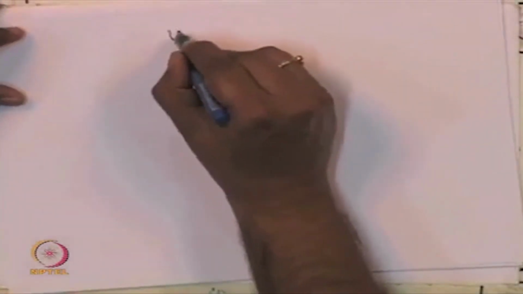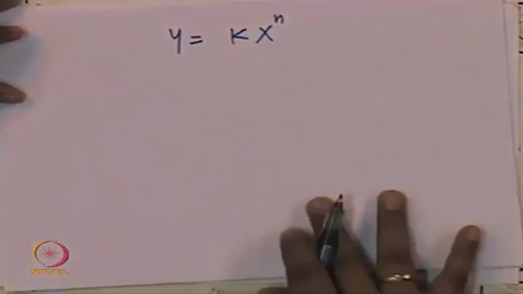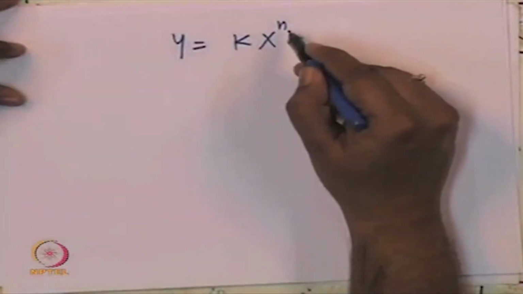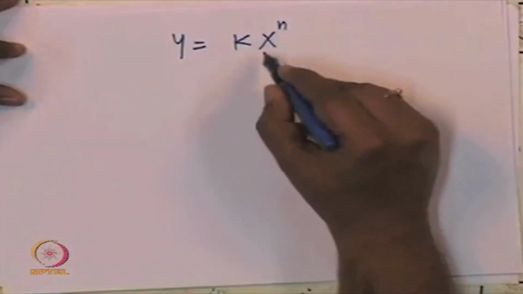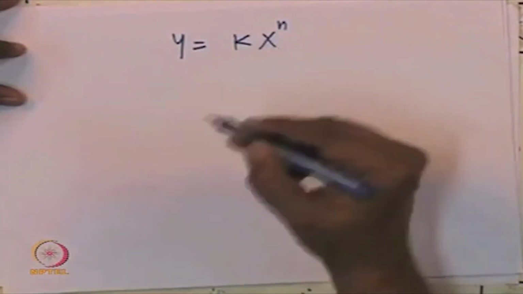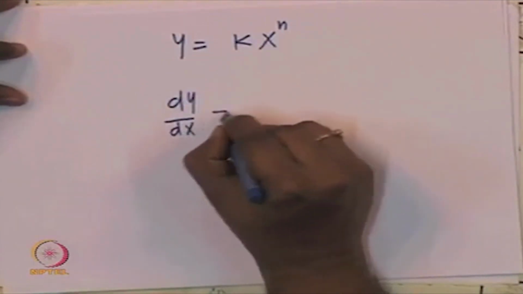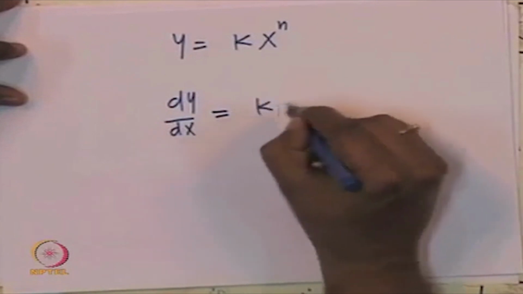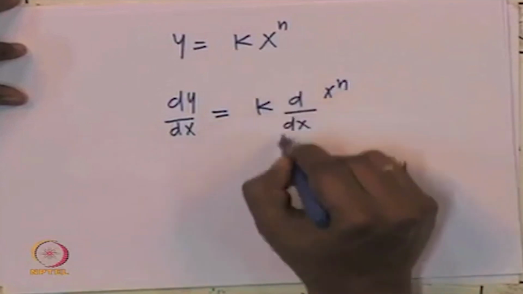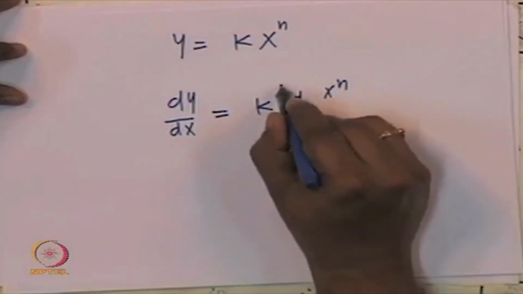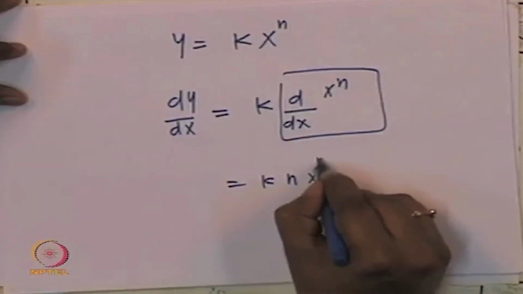We can extend this to many other things. Let us say y is in general k x power n, where k is a constant and n is a number like 1, 2, 3, 4 that we saw so far. Then dy by dx is equal to k times d by dx of x power n, and we know what that is: k times n x power n minus 1.